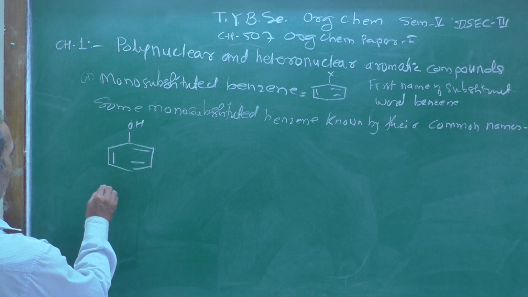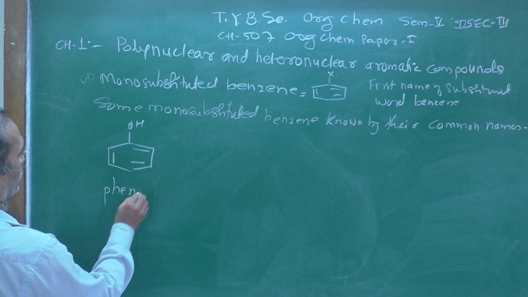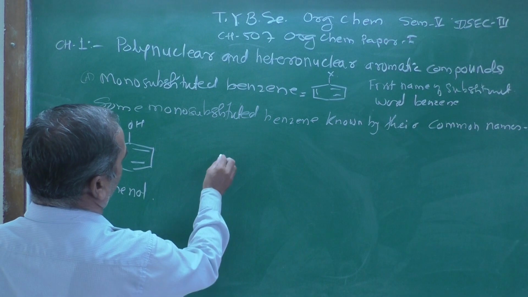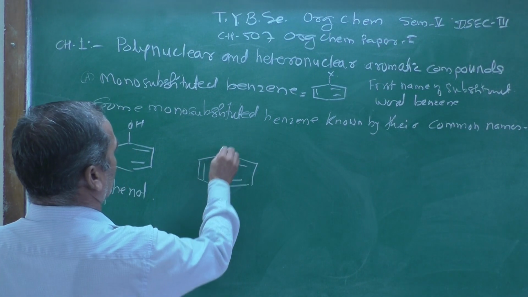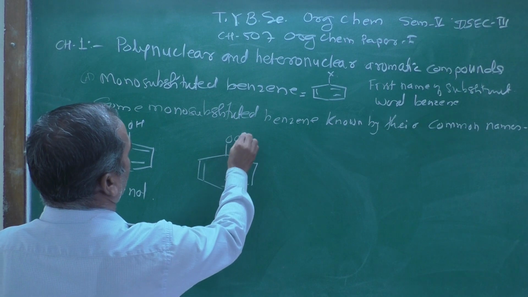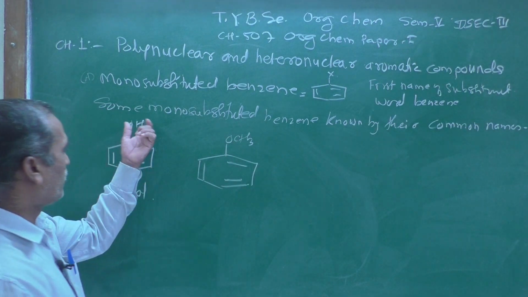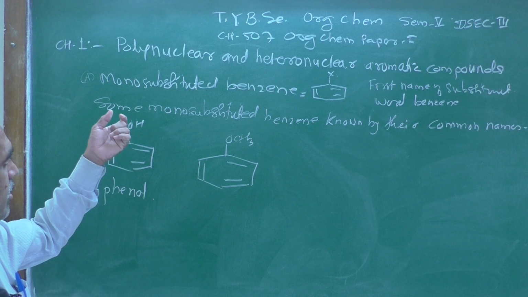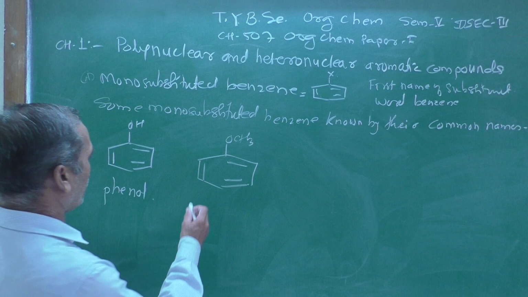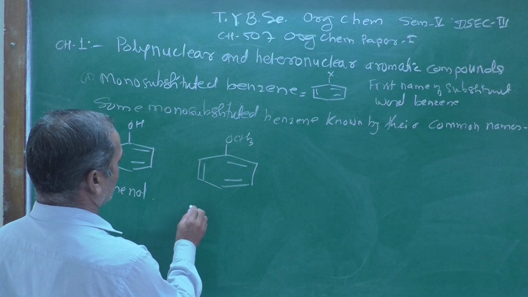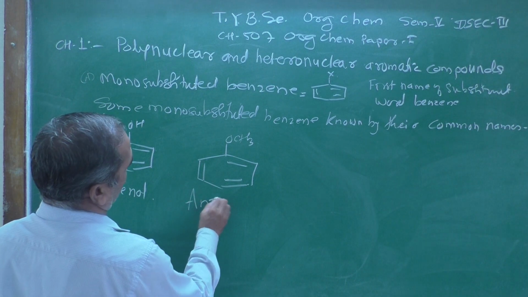This is known as phenol. Let me draw another structure. Here, OCH3. What I did was replace the hydrogen atom with a methoxy group. The common name of this compound is anisole.